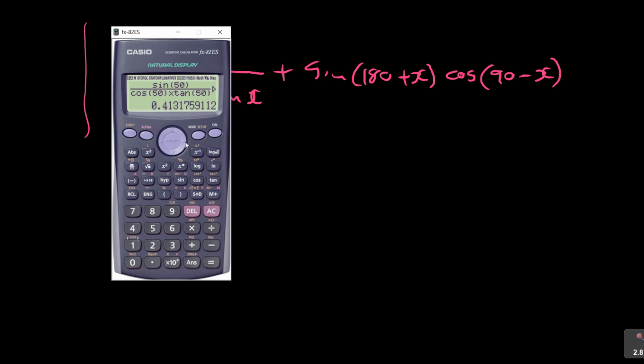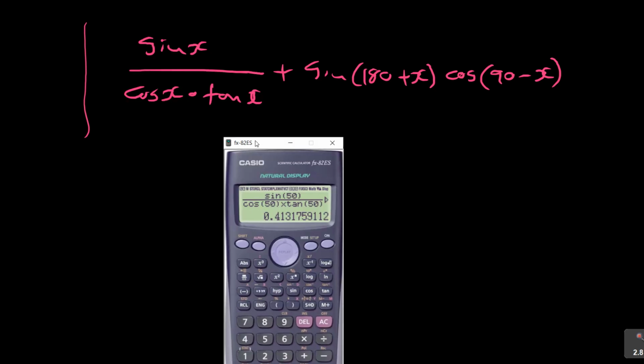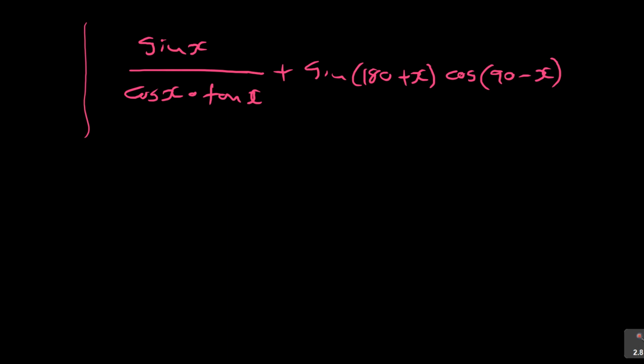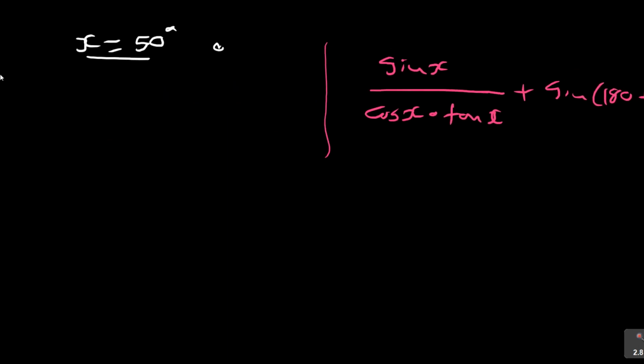It's giving me, let me just check again, sine 50 over cos 50, times tan 50, and then in there, just to check if it did the right thing, sine of 180 plus 50 times cos of 90 minus 50, you say it is equal to 0,413. So I'm going to take this answer here to say I got 0,413.